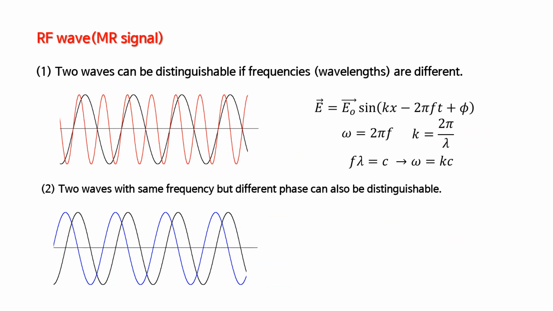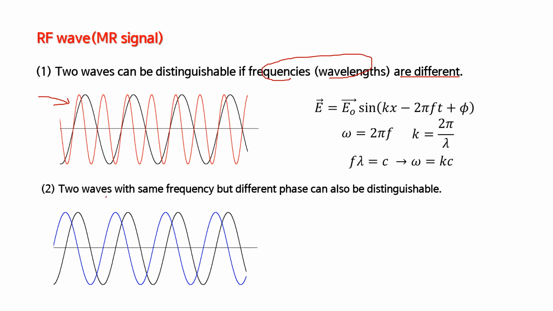Two waves can be distinguishable if their frequencies are different. We can see here two different frequency waves, so we can easily figure out which one is which.